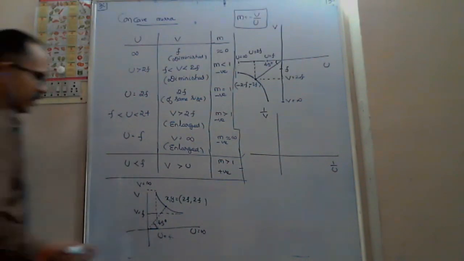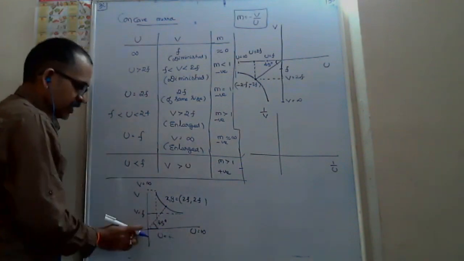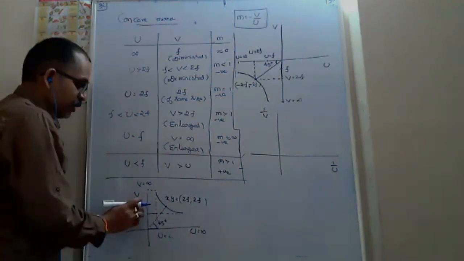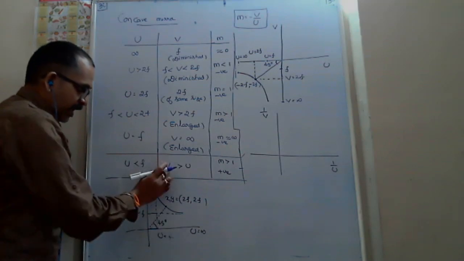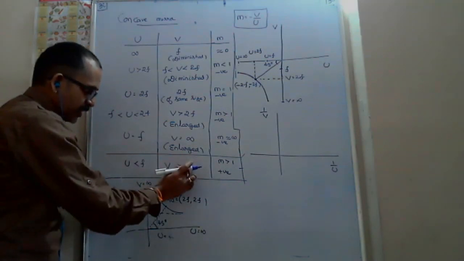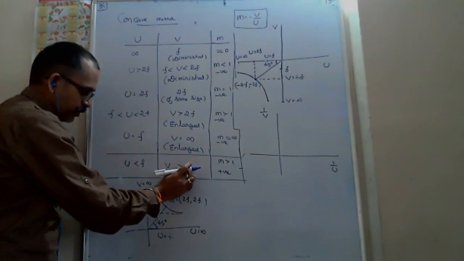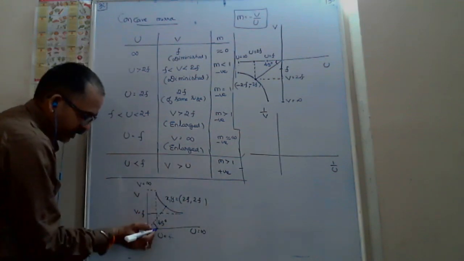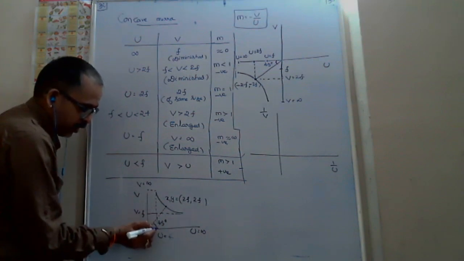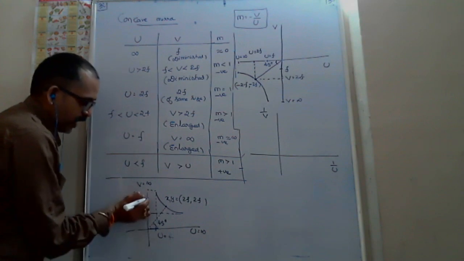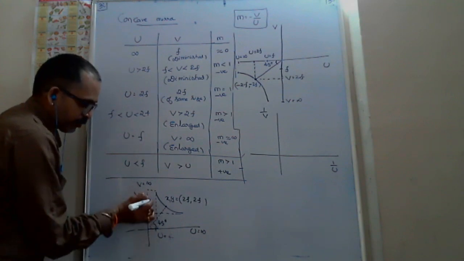For that, what he says is, if u is less than f, v may be greater than f, but it is always greater than the value of u. That's why, in the previous example, what I said, some 0.8f, suppose I select one point here, I got the value as 4f here.